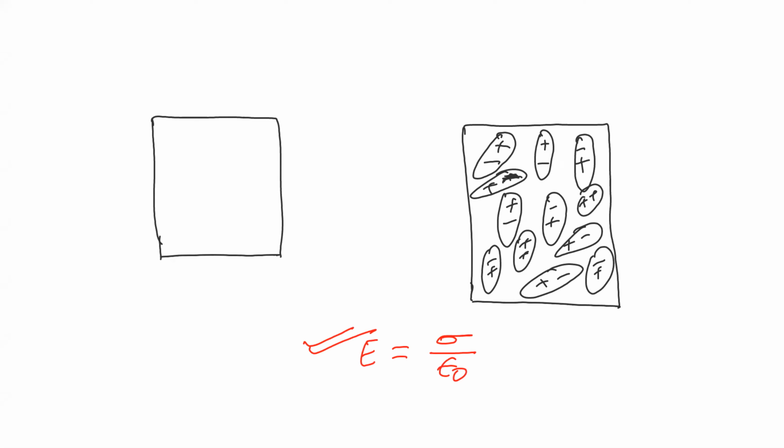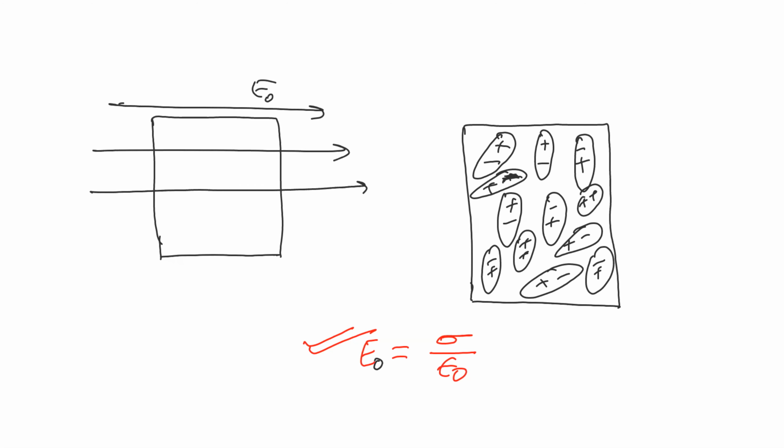So if you put the dielectric in between the capacitor plates, or under an external electric field, then what will happen? Some polarity will start developing. Meaning of that is positive charge. If this is the E we are applying, let's take this E naught, we are applying externally, right?